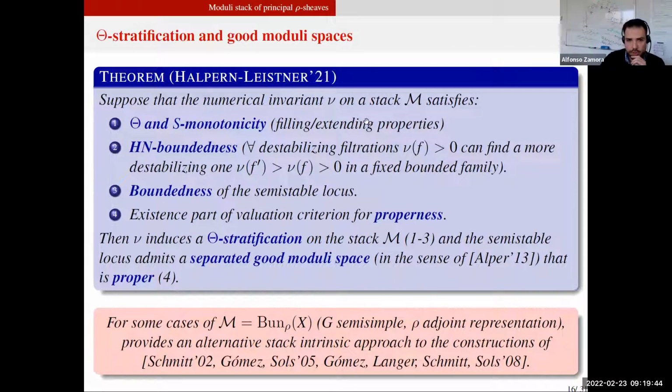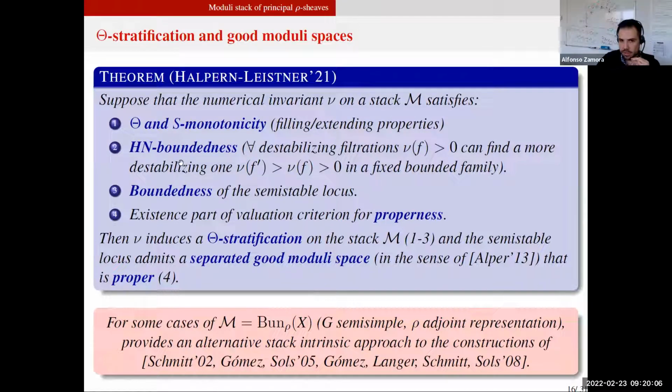So once we have a numerical invariant on a stack, in general, satisfying a series of properties, let me go over them. This has to satisfy two properties called theta and S monotonicity. These two properties are filling and extending properties. So this numerical invariant needs to behave well with respect to filling gaps and extending objects in the moduli stack.